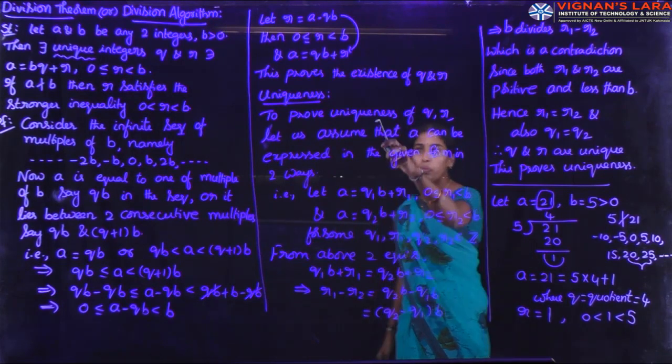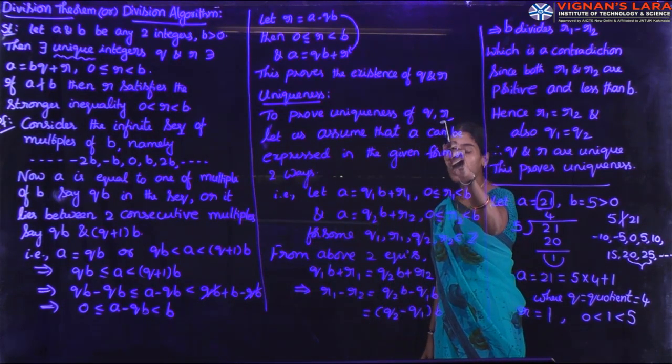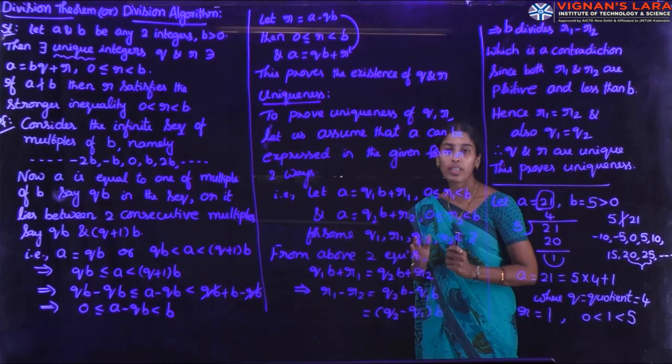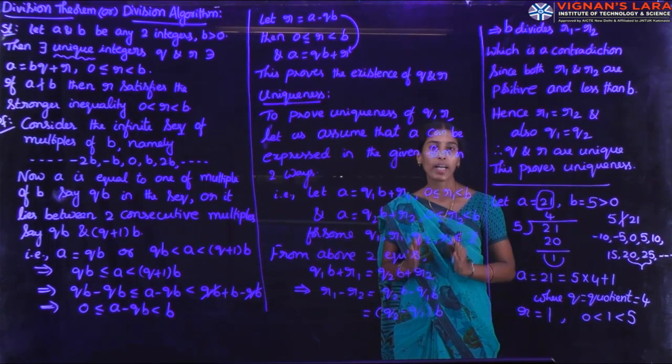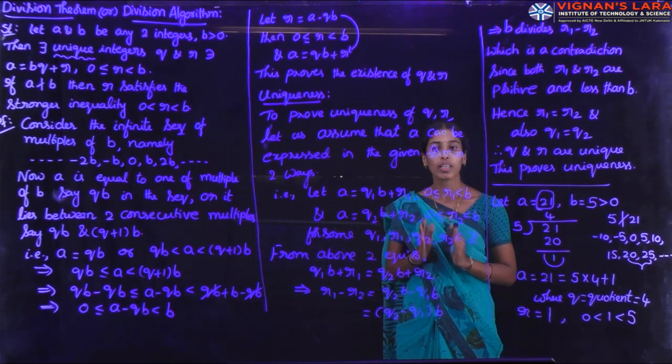So to prove uniqueness of Q and R, we have to assume that two such types of integers exist, and finally we need to prove that both are equal.